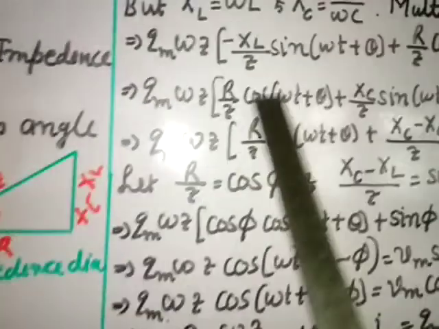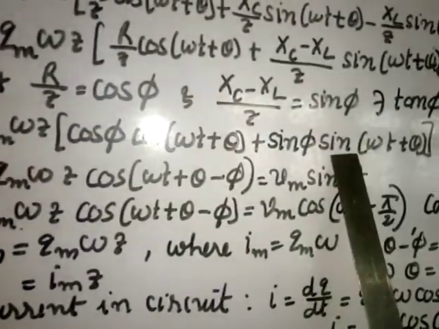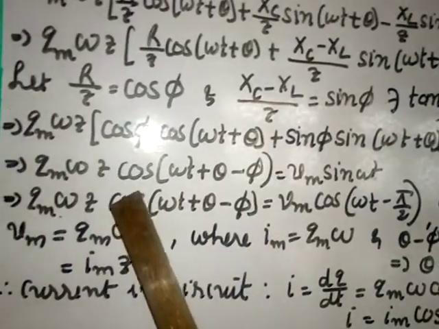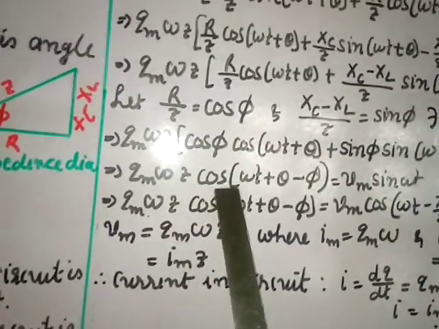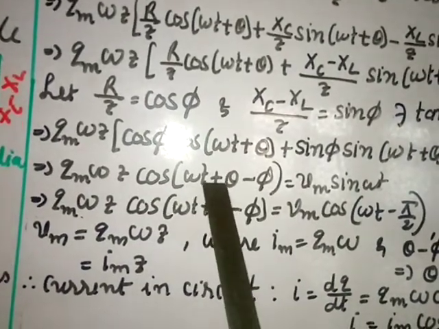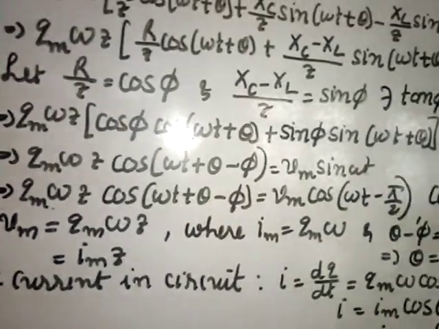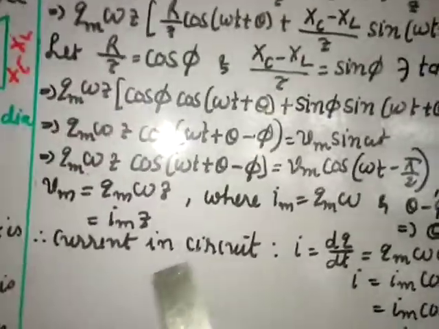So what I am writing is Qm omega Z cos, where I am taking this as x and this as y: (omega t plus theta) minus phi, equal to Vm sin omega t. So I am using this trigonometric identity. Remember that identity.